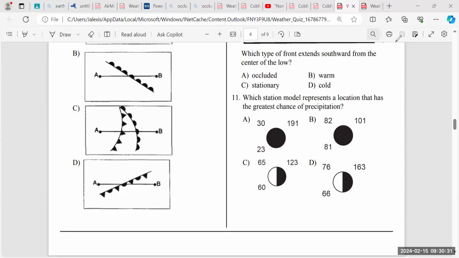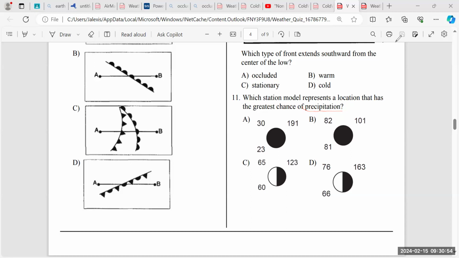Number 11, which station model represents the location that has the greatest chance of precipitation? So precipitation we can describe as whatever is coming out of clouds, whether it be rain, hail, or snow. All of these things are different examples of precipitation.